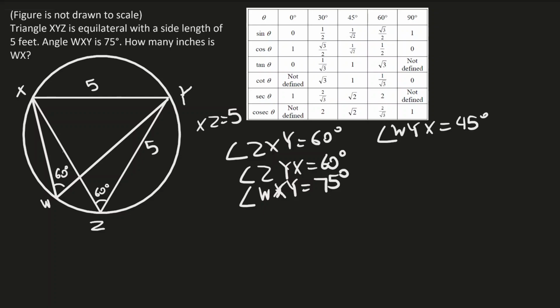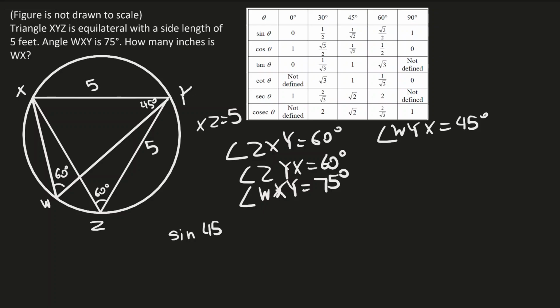Well, we can use law of sines, because now we know all the angles of triangle XWY, and we have one side length given. So, we know XYW is 45 degrees, and WX is the opposite of the 45 degrees. So we know sine 45.